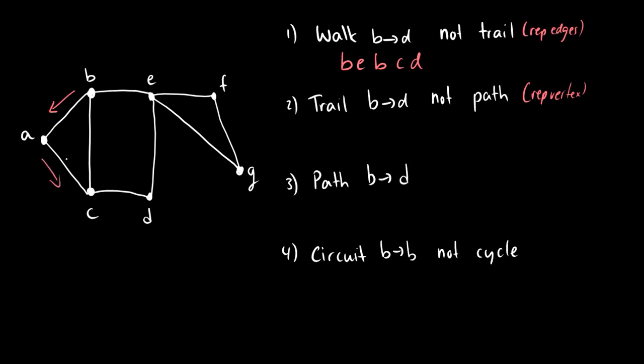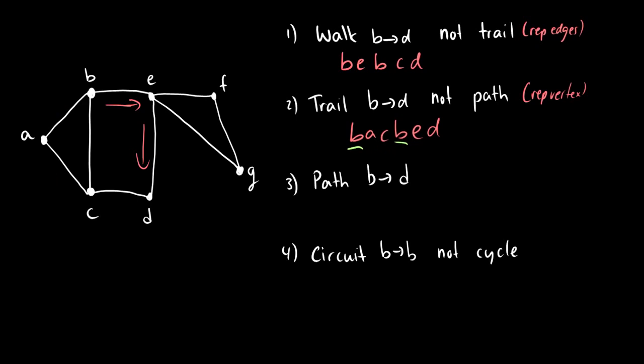So we go to C, and, well, we need to go to D, but we have to repeat a vertex. So let's go back up to B. Okay, so we did BA, AC, CB. Then let's go to E, and then let's go down to D. So we have BACBED. So we didn't use the same edge twice, but we used B twice, so it's not a path.